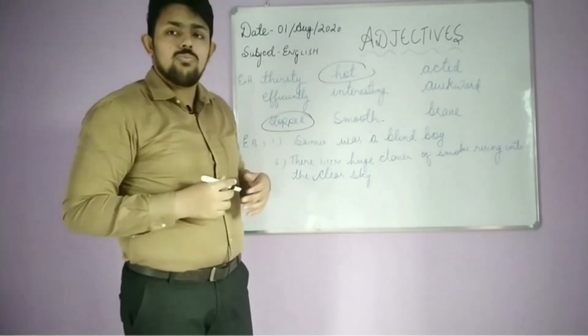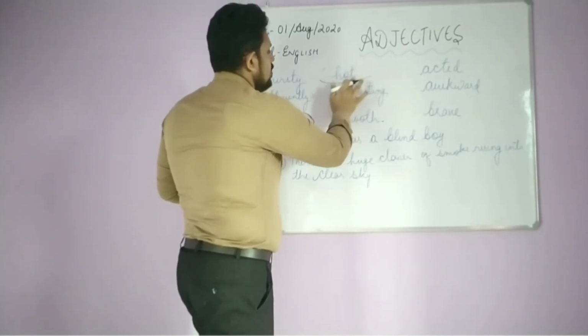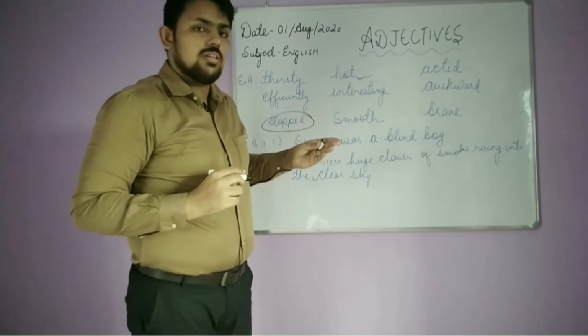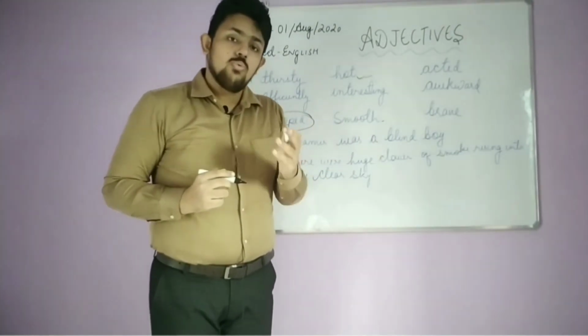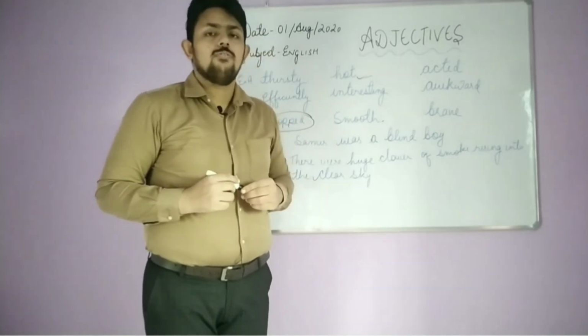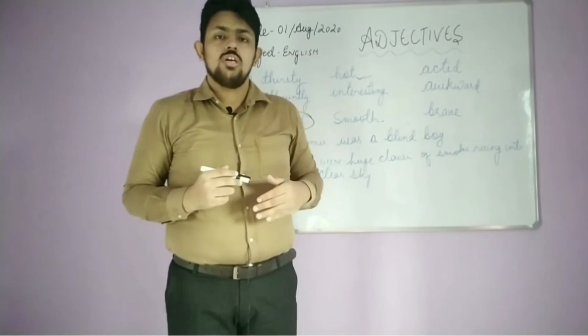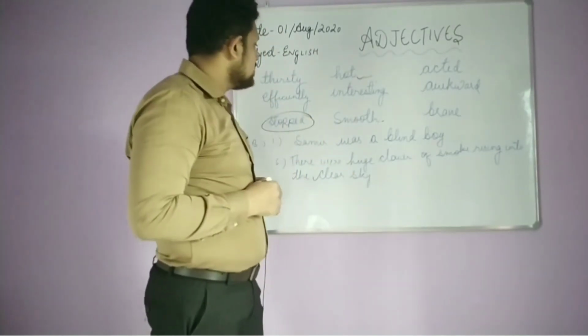So the noun book is there, and interesting is an adjective. Sorry, I put the circle here. You don't have to put it because it is an adjective, so here a circle will not come. Now the last is smooth. Smooth is also an adjective, because the surface was very smooth. The quality of the surface is that it is smooth.